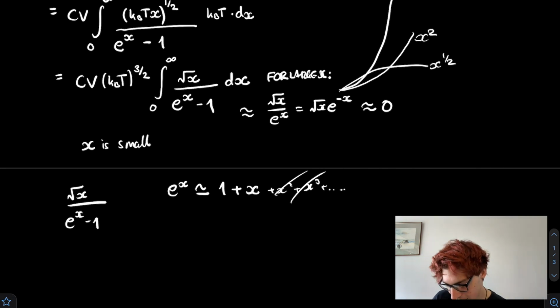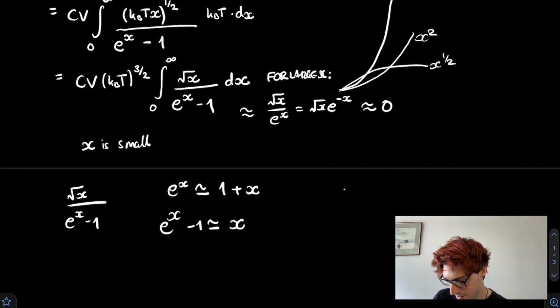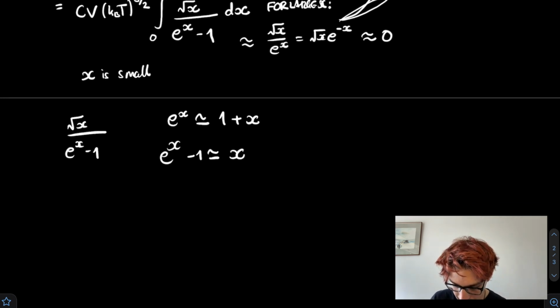If e to the x is about 1 plus x, then we can see that e to the x minus 1 is basically about the same as x. So if we just subtract 1 from both sides, because these other terms are so small, I'm going to rub them out. e to the x minus 1 is basically x. So what happens to our integral here?